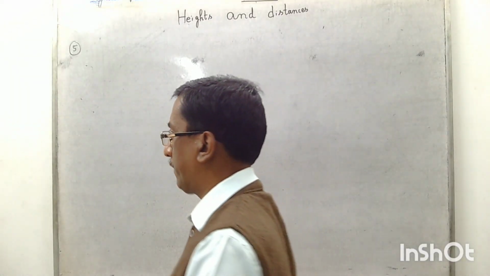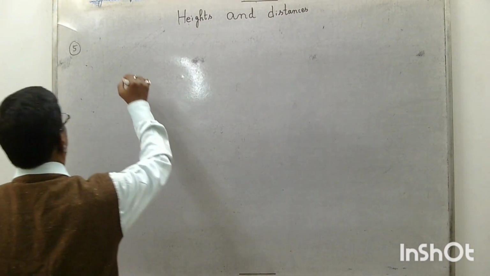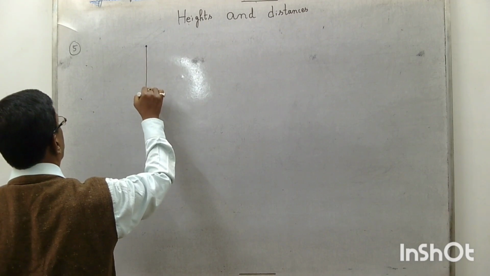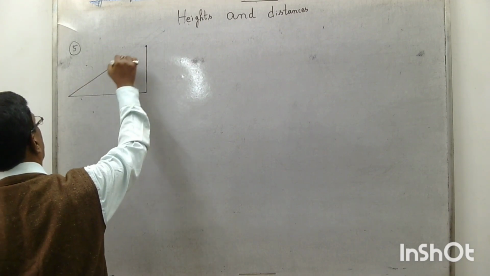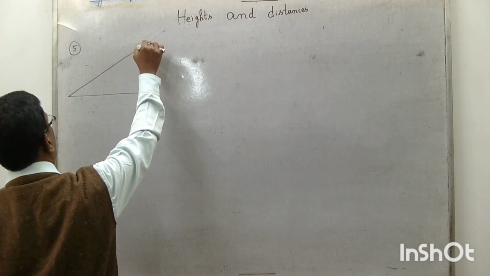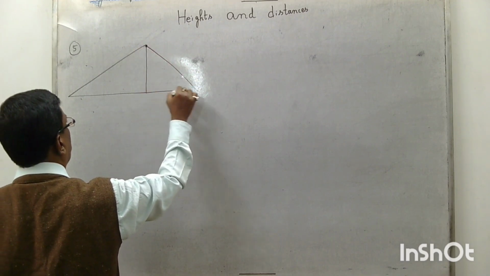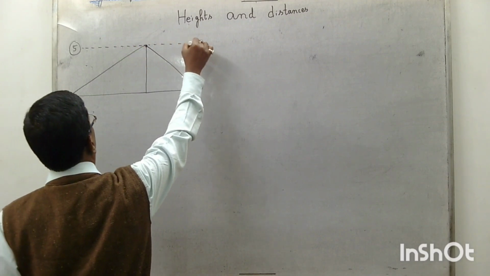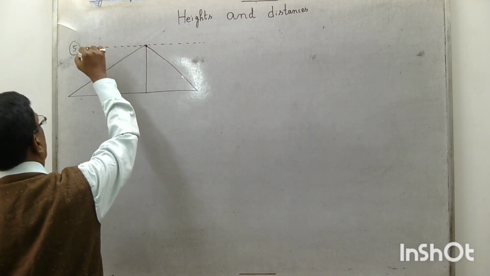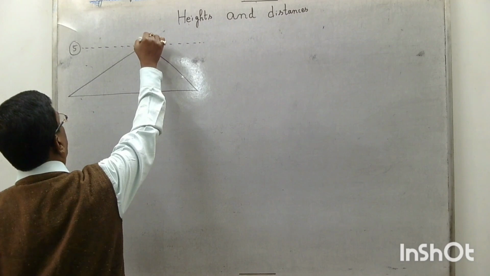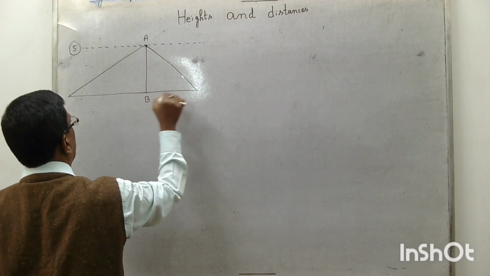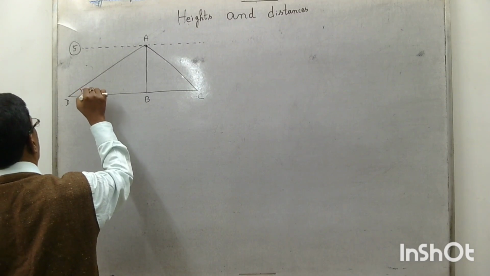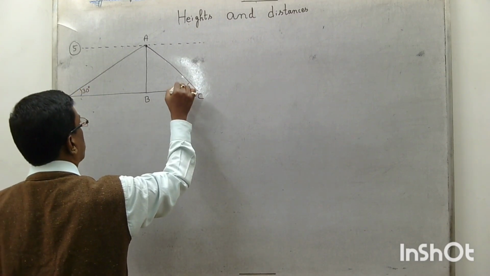So at first I am drawing the sketch. This is A, B, C, D. This is 30 degree and it is 45 degree.